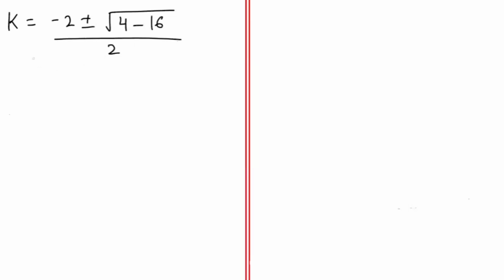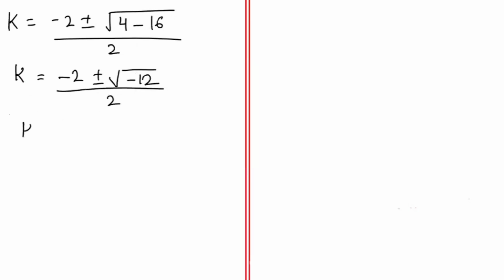So we'll get k is equal to negative 2 plus minus the square root of 4 minus 16, over 2. Here I will get again negative 12 over 2.